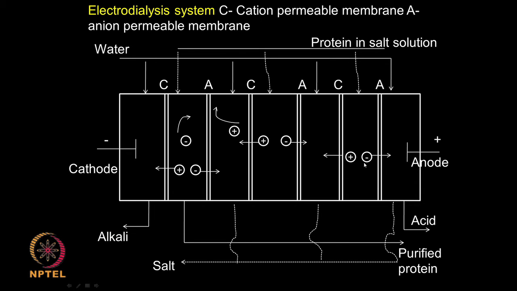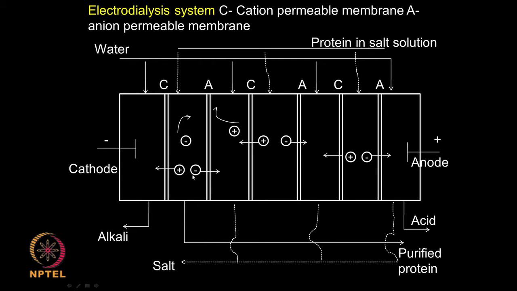So, what happens? All the cations will try to move to one side, and the anions will go to the other side. You will end up having pure salt collected in alternate compartments, and purified protein collected in the other alternate compartments.